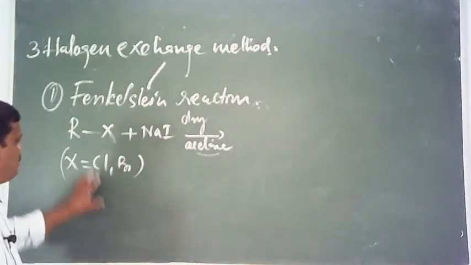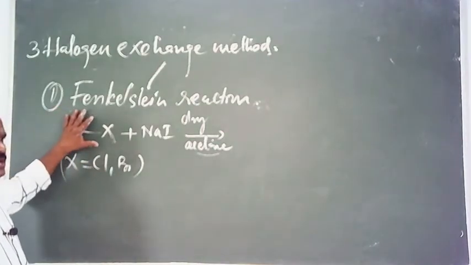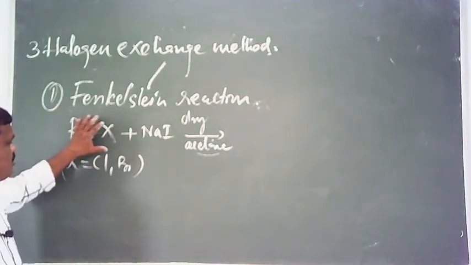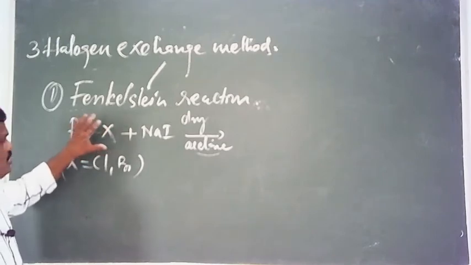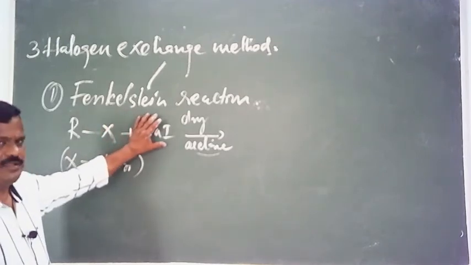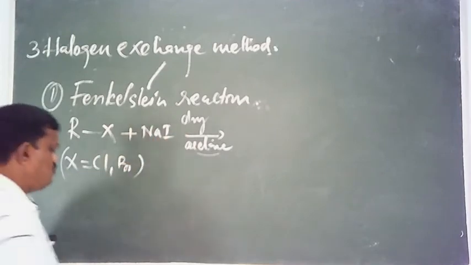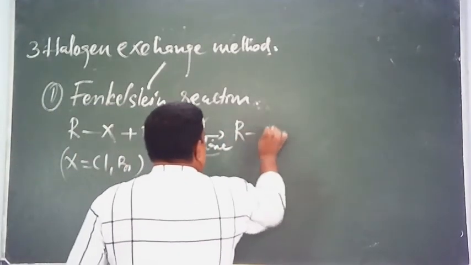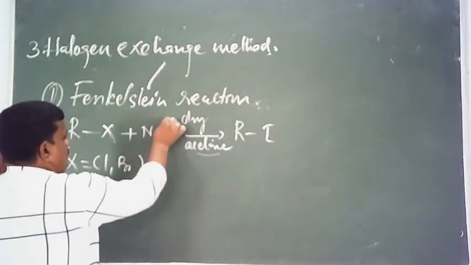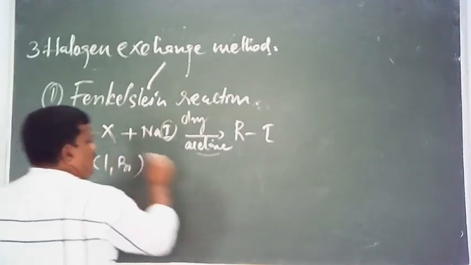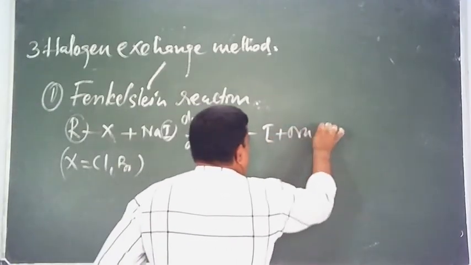What is done here? An alkyl halide is taken, that means alkyl chloride or even alkyl bromide. It is treated with sodium iodide in dry acetone, we get alkyl iodide, RI, plus sodium halide, NaX.